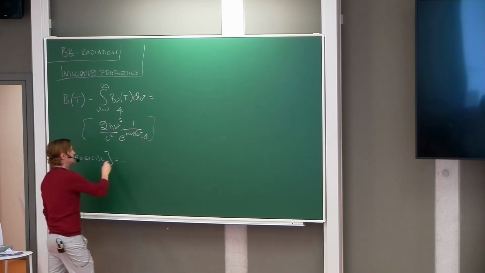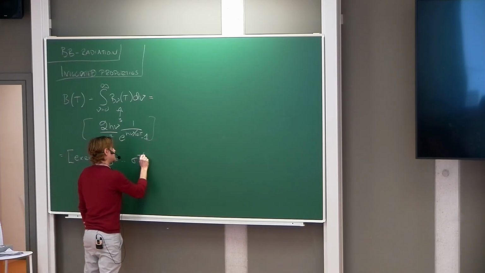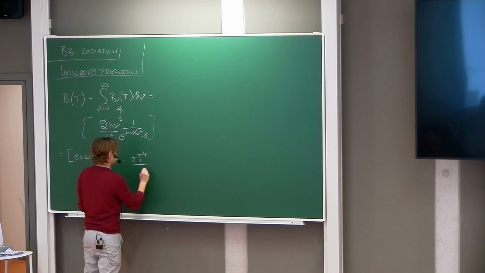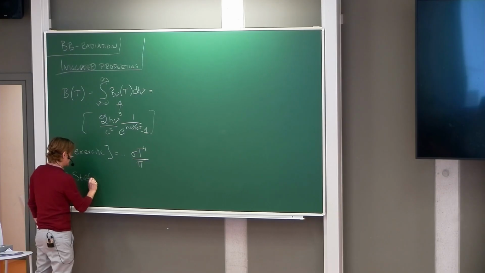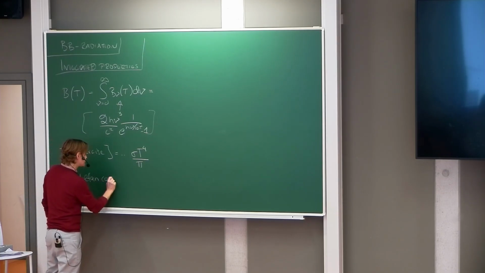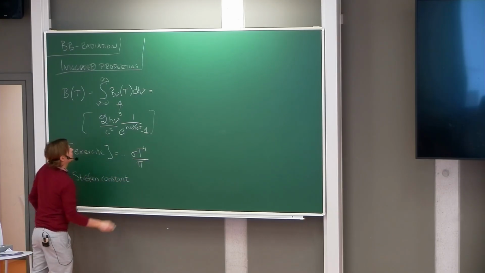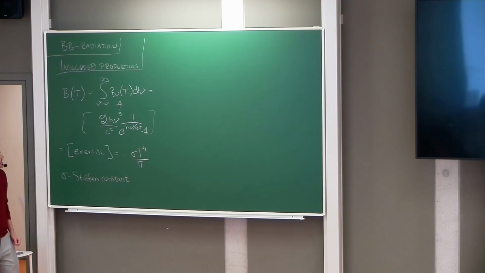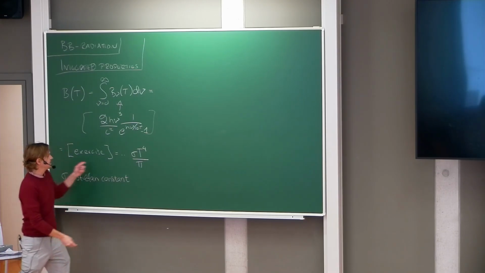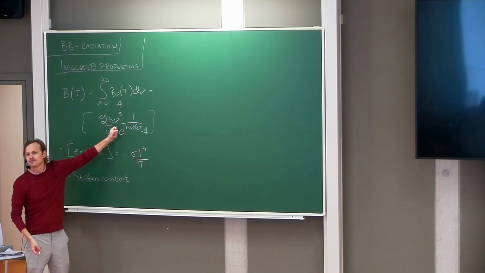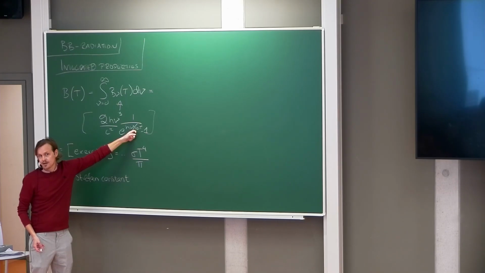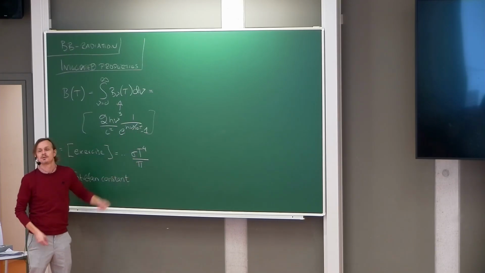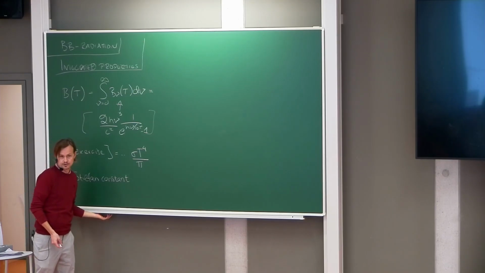The answer that comes out here is sigma T^4 divided by pi, where sigma is the Stefan-Boltzmann constant. And part, of course, of the task in the exercise is to see how this is just actually a combination of the fundamental constants that is part of Planck's radiation law. It is also, of course, given to you, its numerical value, etc., in the course book.